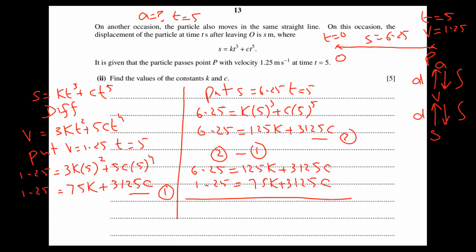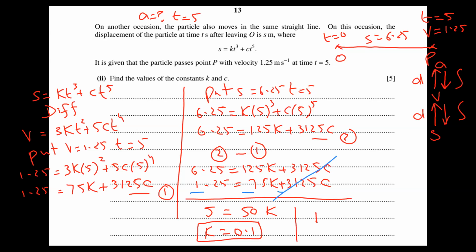Because I'm subtracting, the sign will change. This cancels, and I can find the rest. 5 comes, and here I get 25 comes. Okay. So after this, I get 50, sorry, not 5, 50. So K is coming 1 by 10 or 0.1. This is my answer.